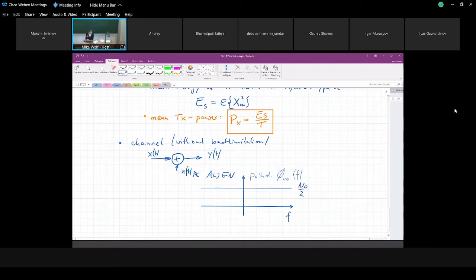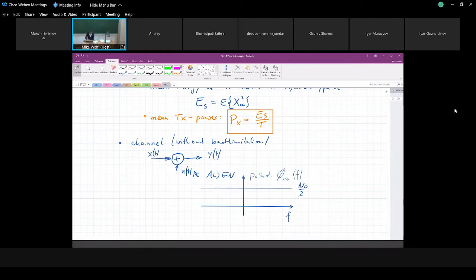So what I've shown here is the two-sided power spectral density. And the real-world power spectral density, if the frequencies would be only positive, is N naught. Understand? We use here for the Fourier transform always the two-sided Fourier transform. Therefore, we have negative frequencies and positive frequencies. In the real world, we always have positive frequencies. And if we measure the real-world power spectral density only for positive frequencies, we get a value of N naught.